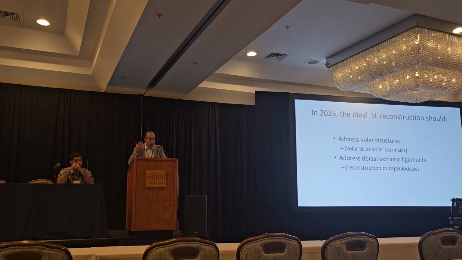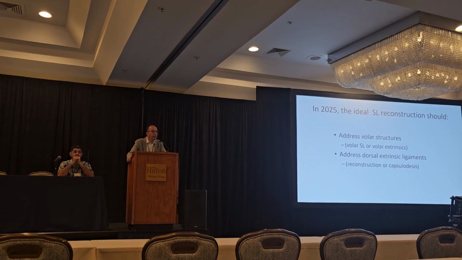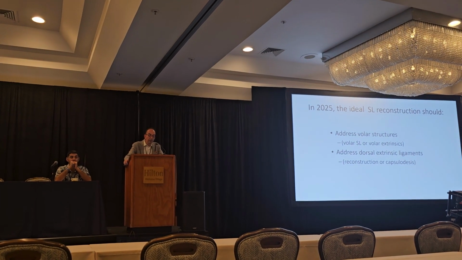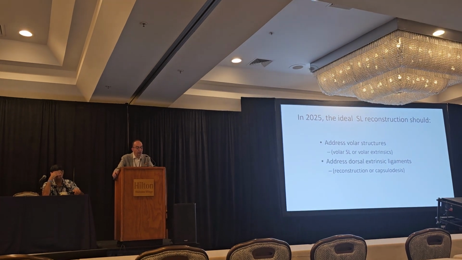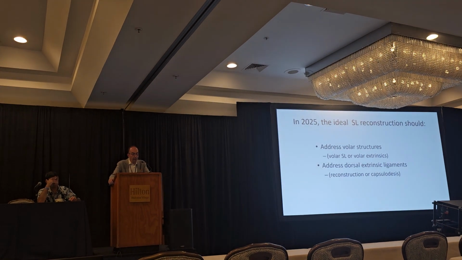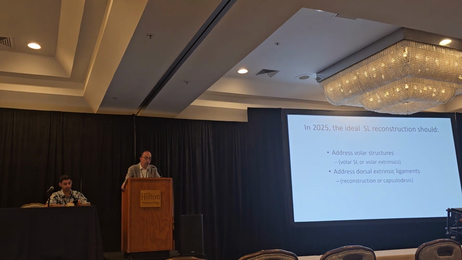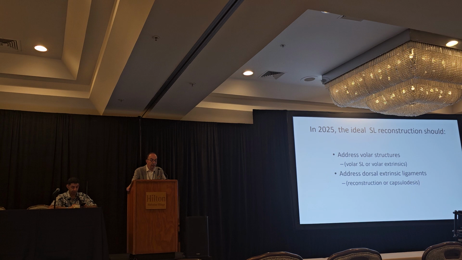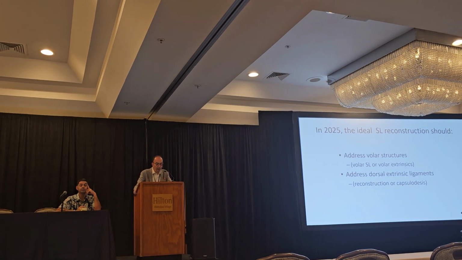Just to give you what I'm thinking in 2025, in my opinion, the ideal SL reconstruction should address the volar structures as well, either the volar SL ligament or the volar intrinsics, and other than the SL ligament itself, it should address the dorsal extrinsics either by reconstruction or by capsulodesis.